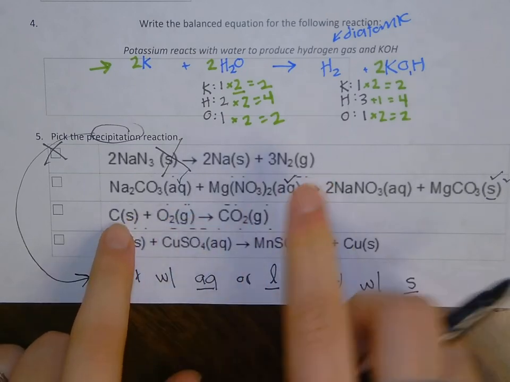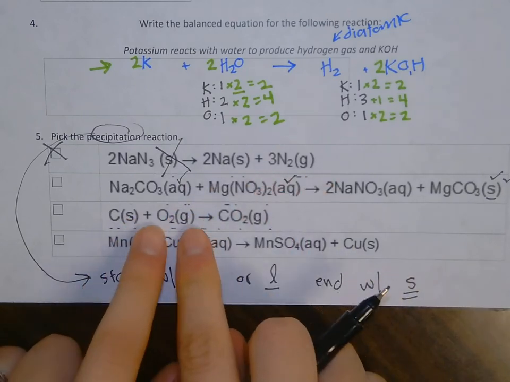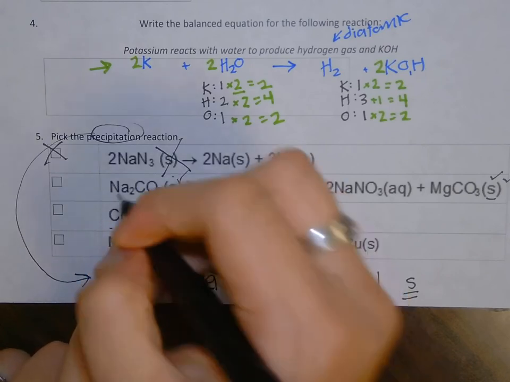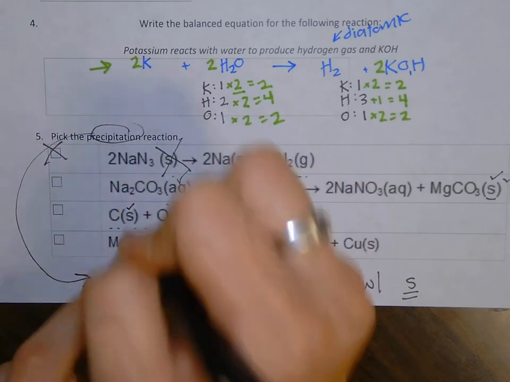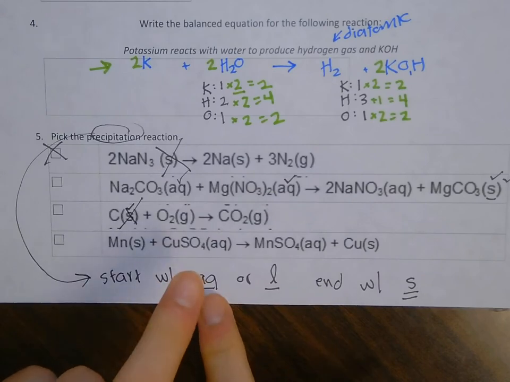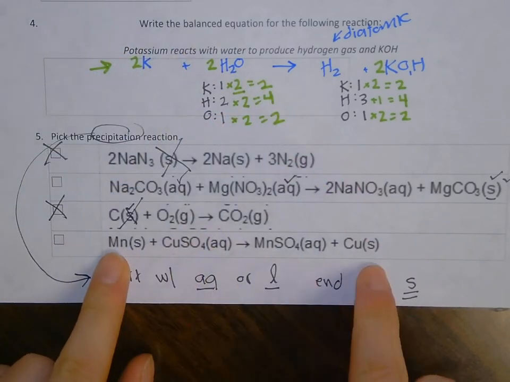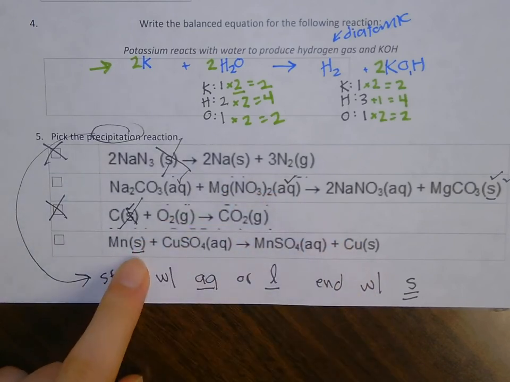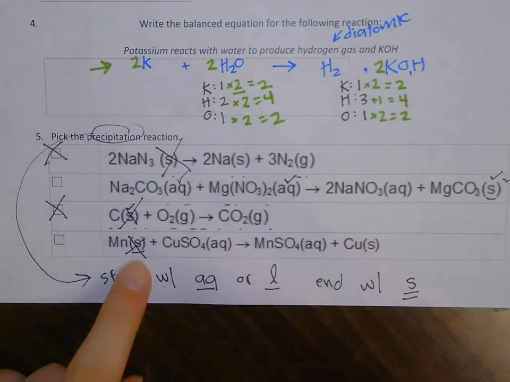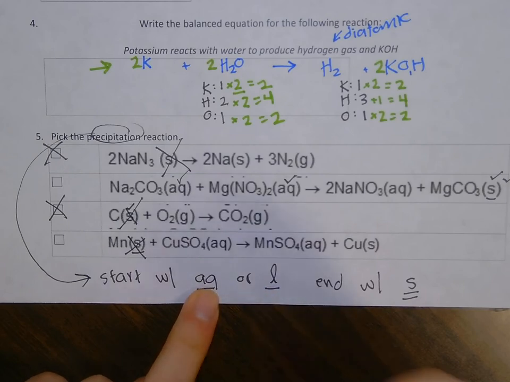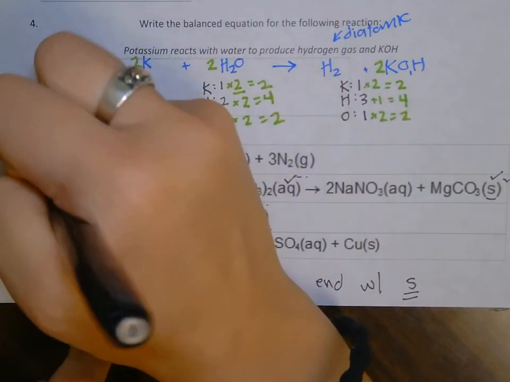Maybe that's B. Maybe that's the answer. Let's see this one. Solid. I start with a solid here. I cannot do that for a precipitation reaction because I can only start with aqueous or liquids, so it is not C. Last one, I also have a solid here. I should not be starting off with solids for a precipitation reaction, only aqueous or liquids, so it is not D. Therefore, my answer is B.